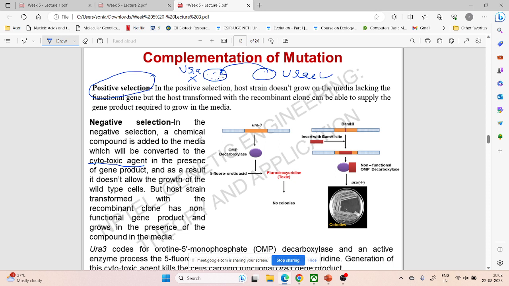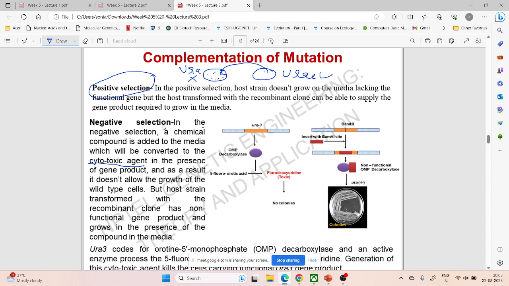Here the host is able to grow because the recombinant clone has a non-functional gene. Therefore, the cytotoxic agent is not getting produced, and therefore the host strain is able to grow. So in both cases, the recombinant clones are helping the host strain to grow. But here it is helping by positively activating the biosynthetic pathway. Therefore, it is a positive selection. Here it is helping by negatively regulating, by not providing that cytotoxic agent which can hamper the growth.